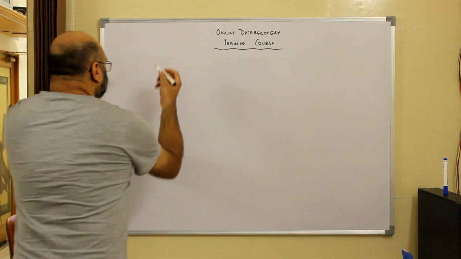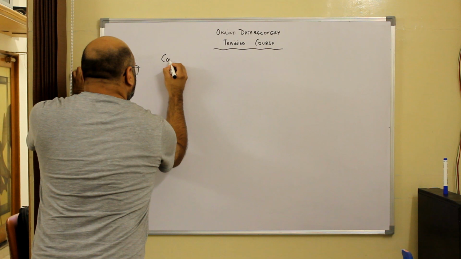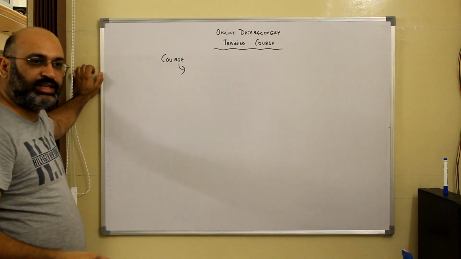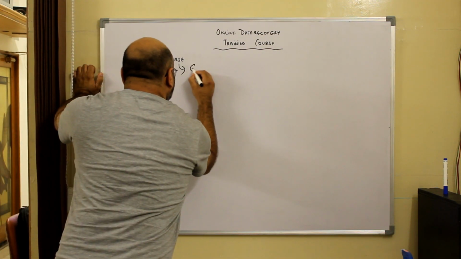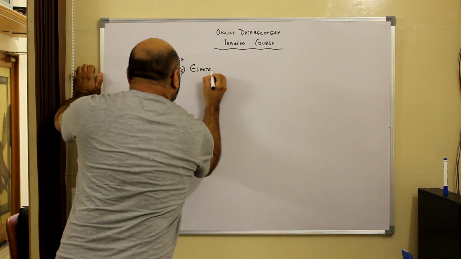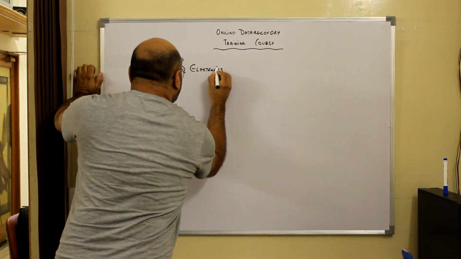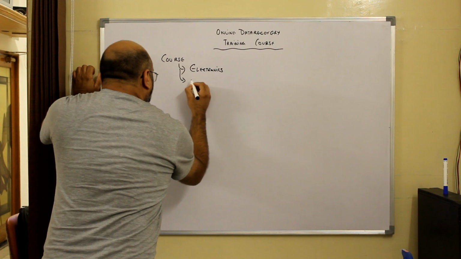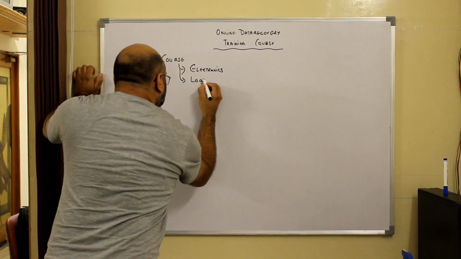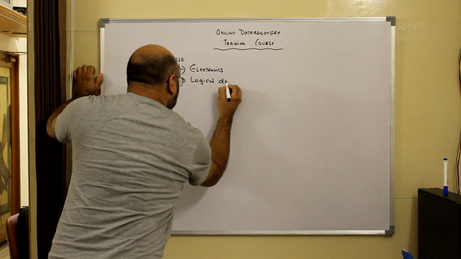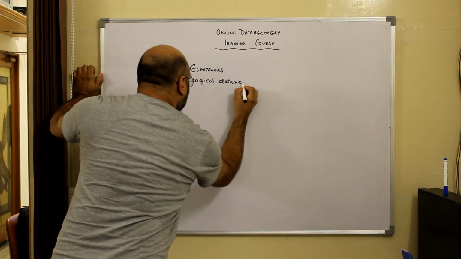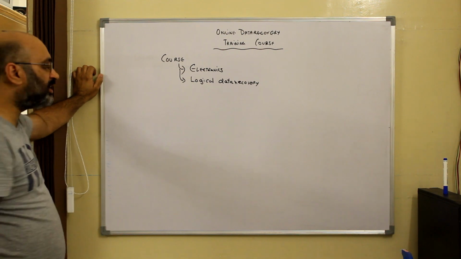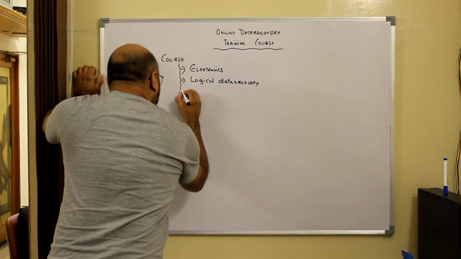First of all, in the course we will be covering the electronics module. After the electronics module, we will go for logical data recovery. After logical data recovery, we will cover semi-physical data recovery.